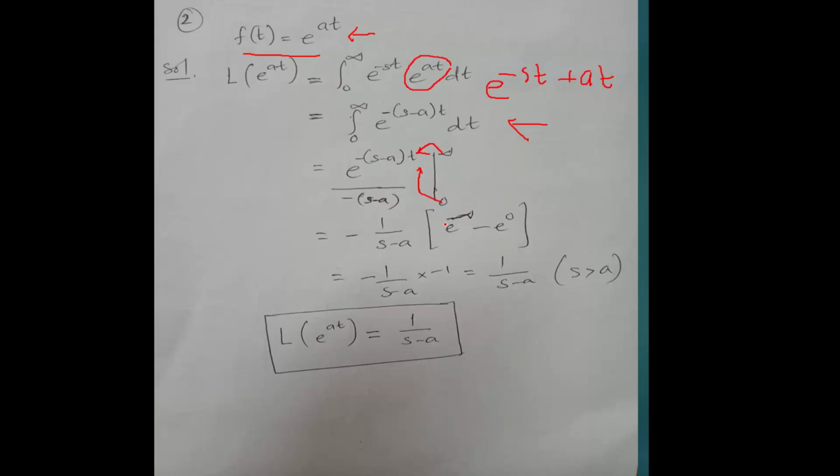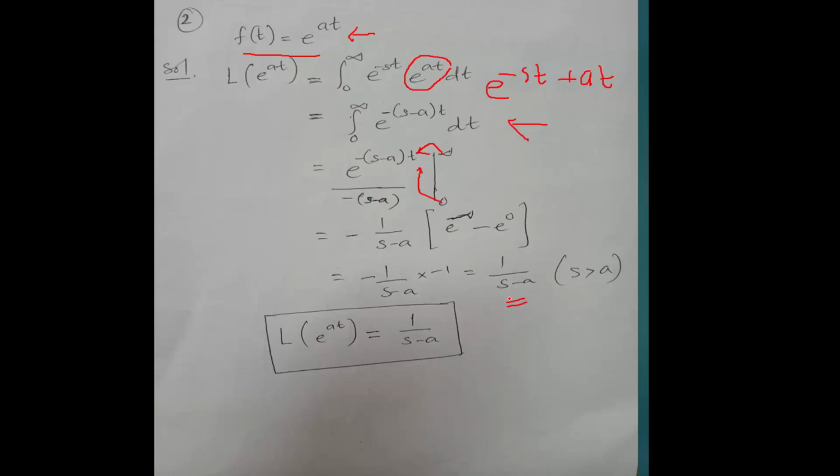Minus infinity in the exponent means the value is going to be 0. So whatever is left, you multiply and you're going to get this one. So your s should always be greater than a. The meaning of this is s should always be greater than a, so that your Laplace transform is positive.